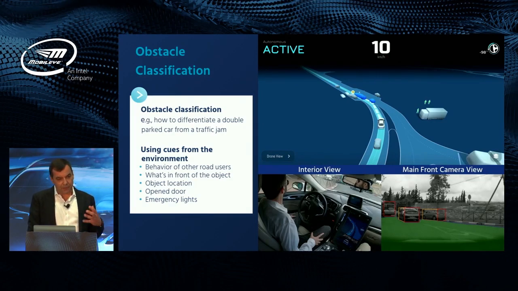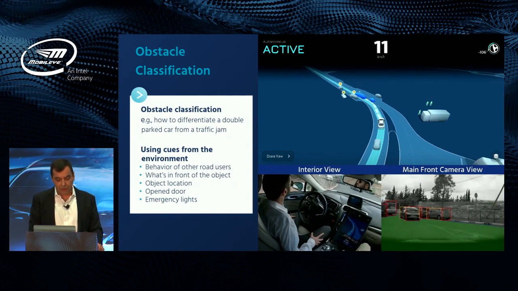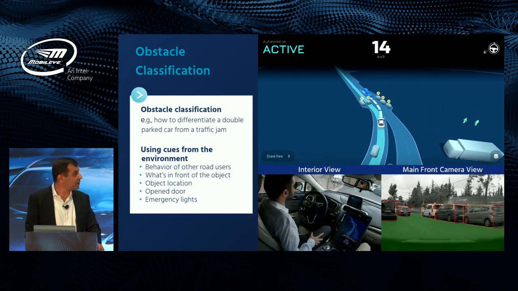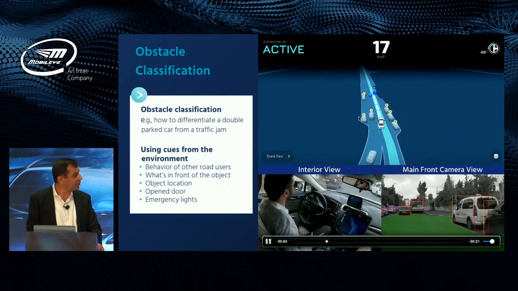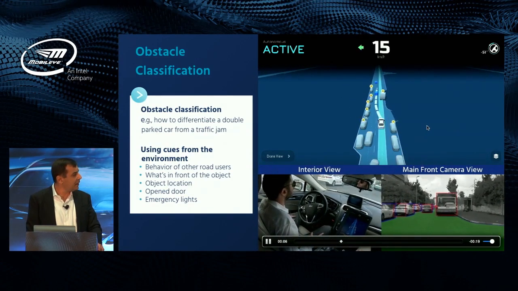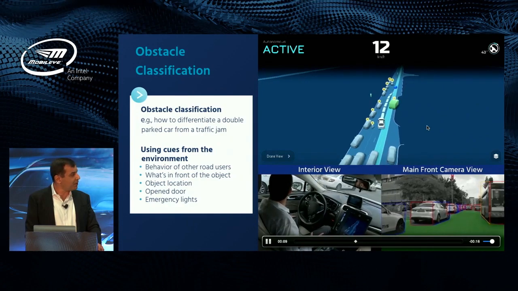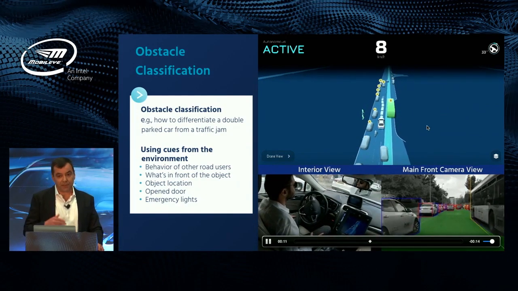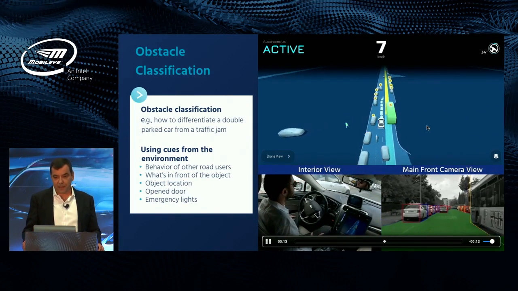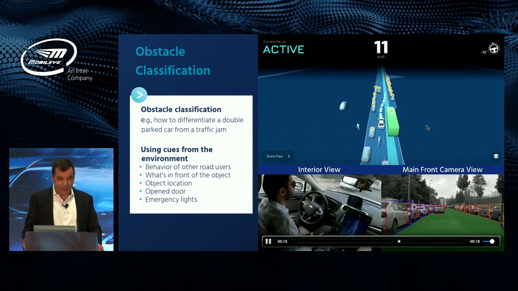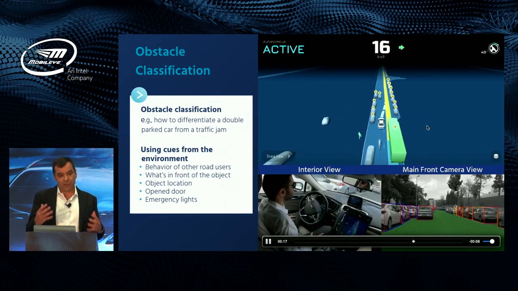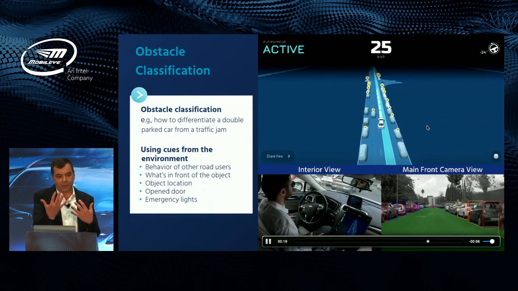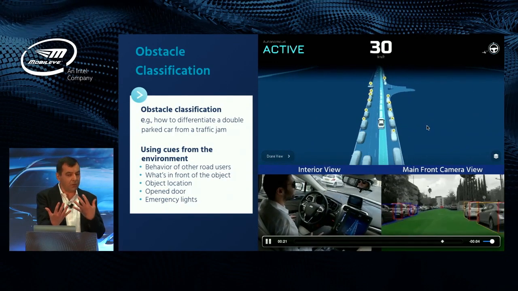Here we can see how these different types of streams of information help us to define obstacles. Here is a route in which there are many cars that are obstacles. And the system needs to figure out whether it's an obstacle that you need to overtake or whether it's a traffic jam that you need to simply wait until it is cleared. And it's kind of tricky because your view is limited and the object, which is the obstruction, is occluding.